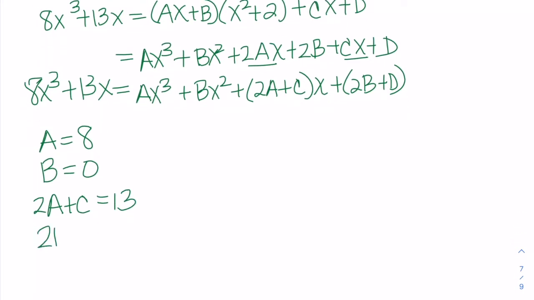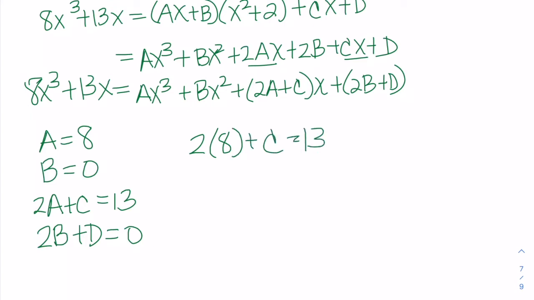And then 2b plus d will have to equal 0. So if we plug in a, we'll get 16 plus c, so c will equal -3. And then if I plug in b, well then d just has to be 0.